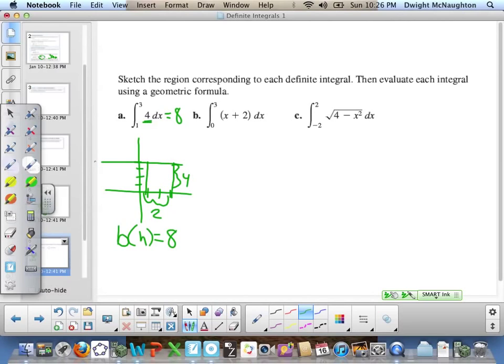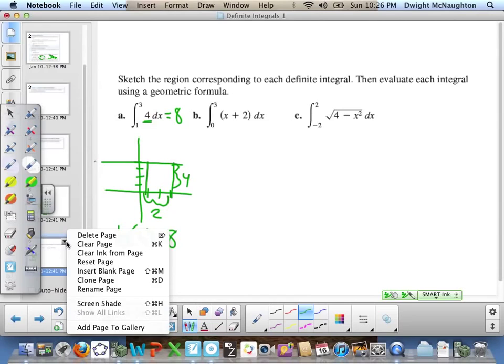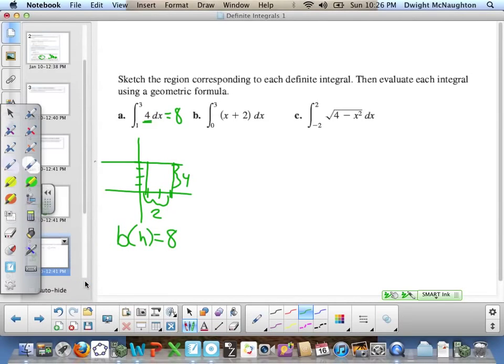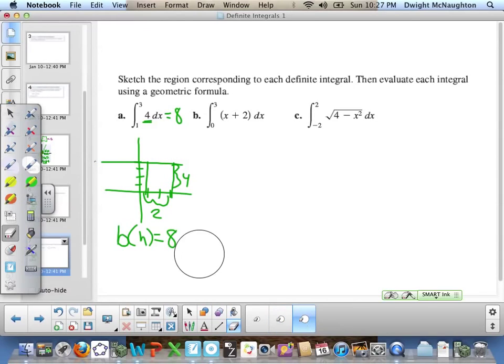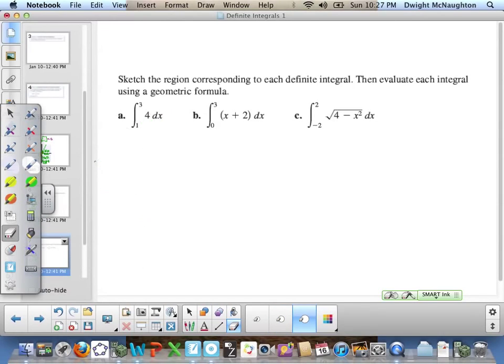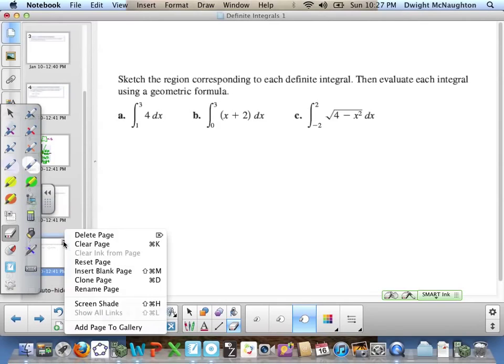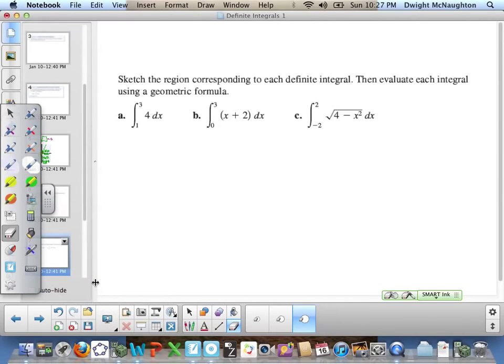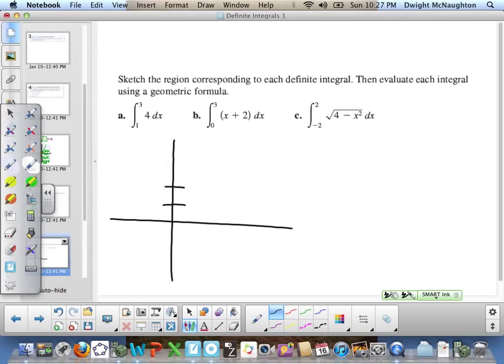If we look at B, we have to find the area under the curve x plus 2 from 0 to 3. Well, x plus 2 starts here and goes up by 1 from 0 to 3.